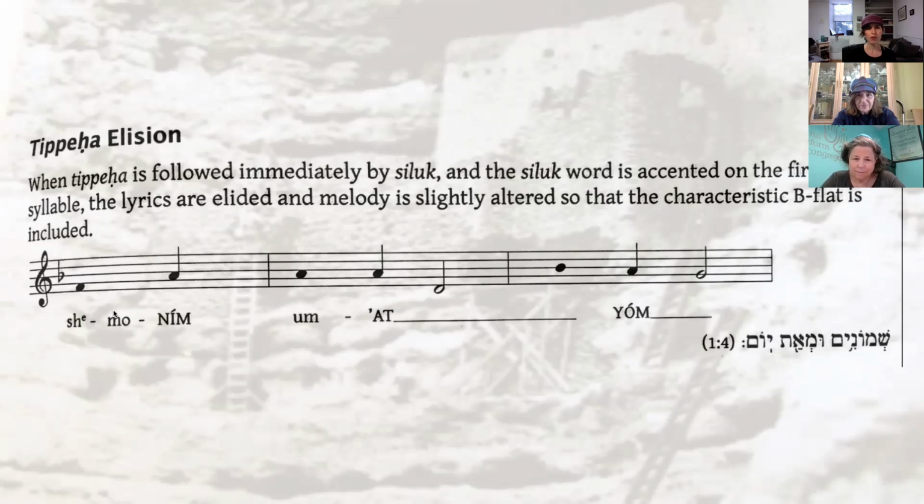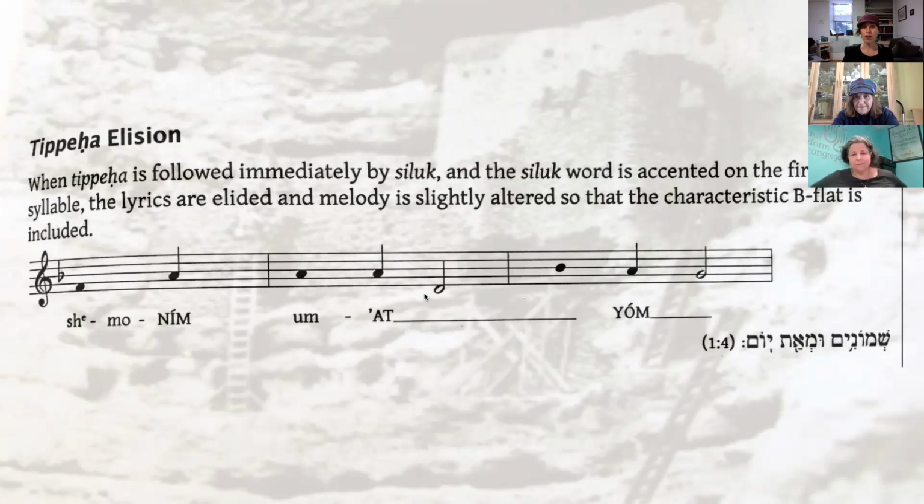Shemonim u'ma'at yom. If you recall from way back in the intro unit, this phenomenon of musical accounting, like all the notes actually need to be accounted for in an elision.